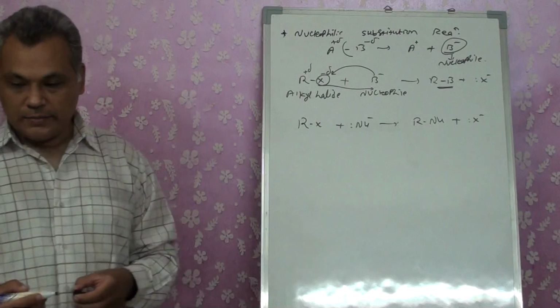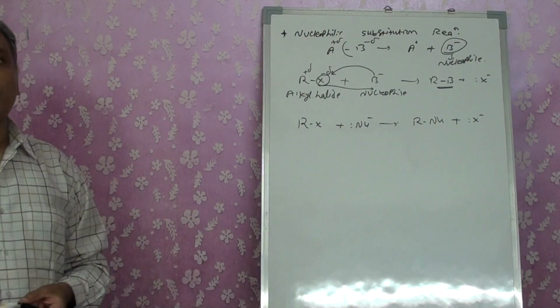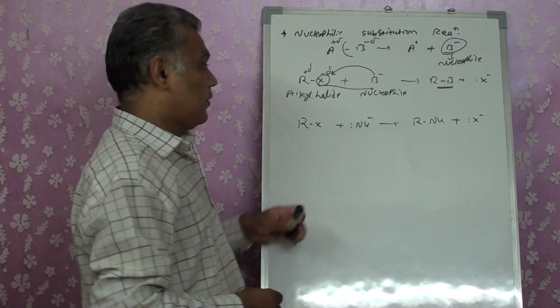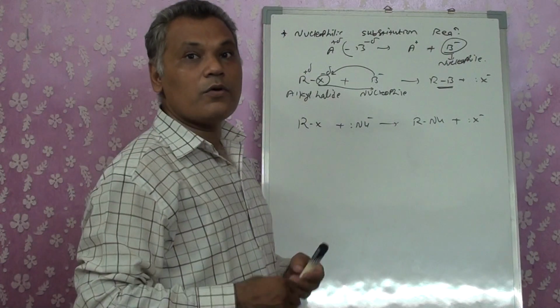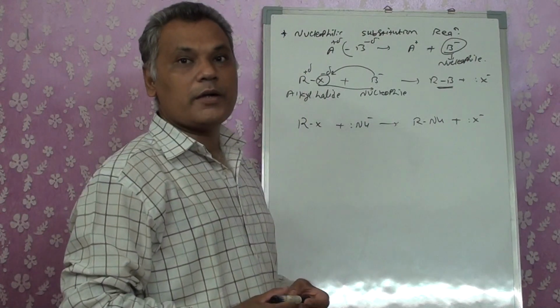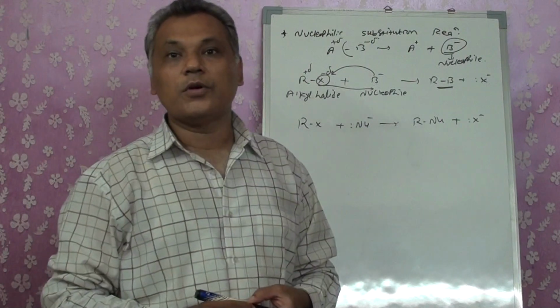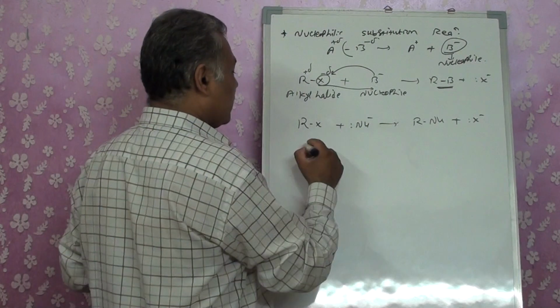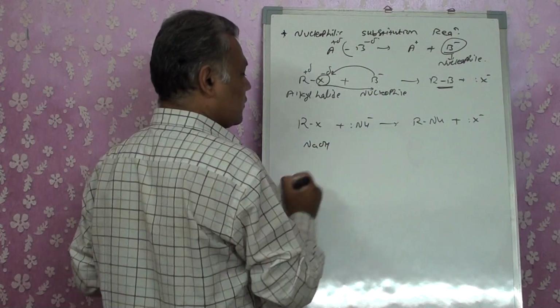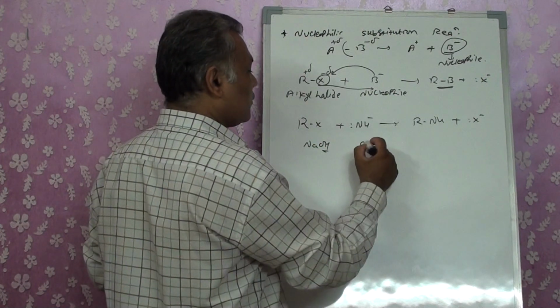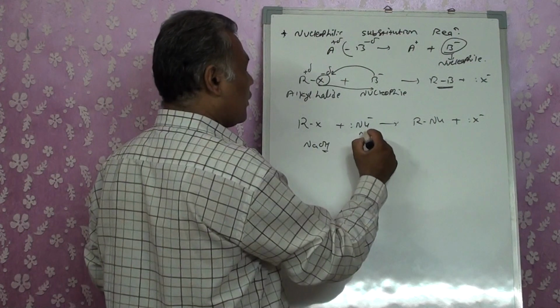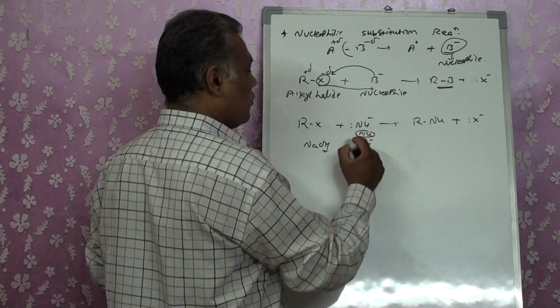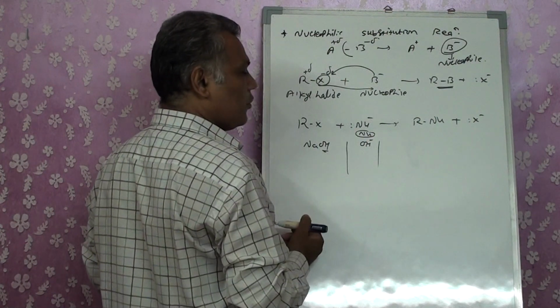But which are the possible components that act as a nucleophile? How many are there? For that, a table is given in my textbook, which indicates that you can have NaOH. From NaOH, OH minus is a nucleophile.